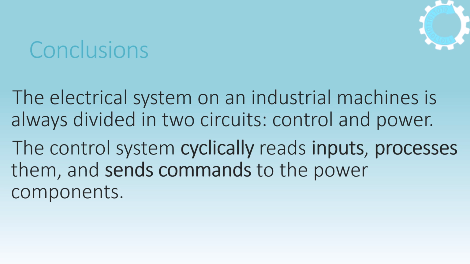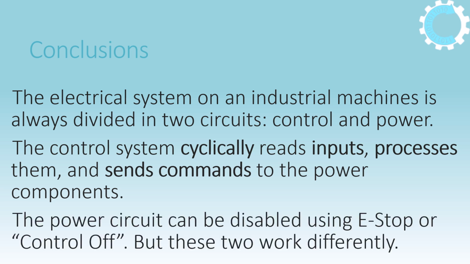And lastly, the power voltage can be turned off using either an emergency stop or other safety device, but also using the control off button, although these two work differently, especially as the latter cannot replace the emergency stop or any other safety device.